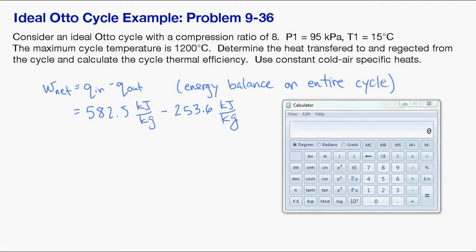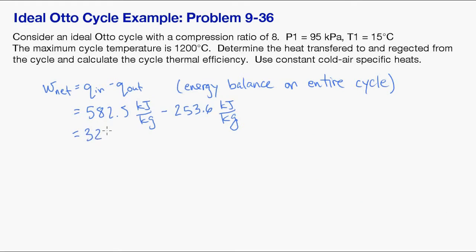Let's pull up our calculator. We enter them in, and we end up with 328.9 kilojoules per kilogram.